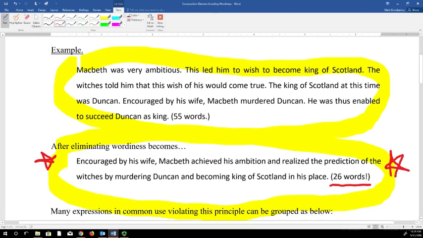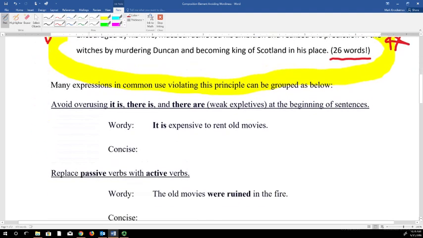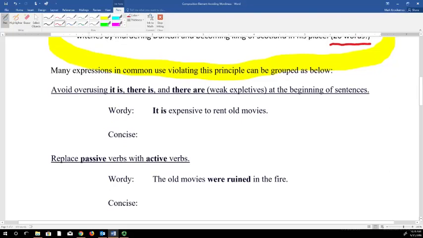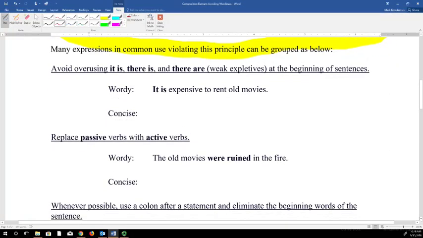Now, to achieve this level of concise writing, we can look at some common errors that beginning writers make, which cause wordiness.